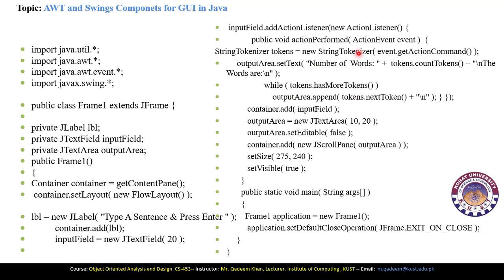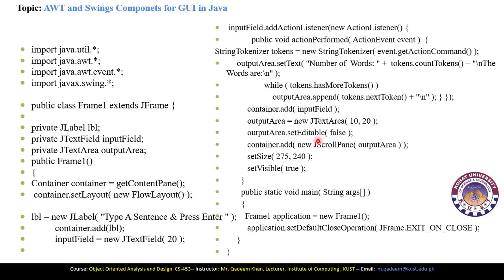Initially the output area contains all this static information, then the number of tokens will be appended to the output area. And then the input field is also added to the container, and similarly we will define the output area size 10, 20. So 10 x-axis characters and 10 y-axis characters will be displayed here.